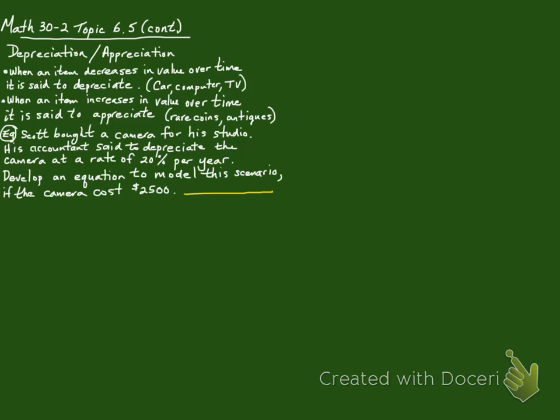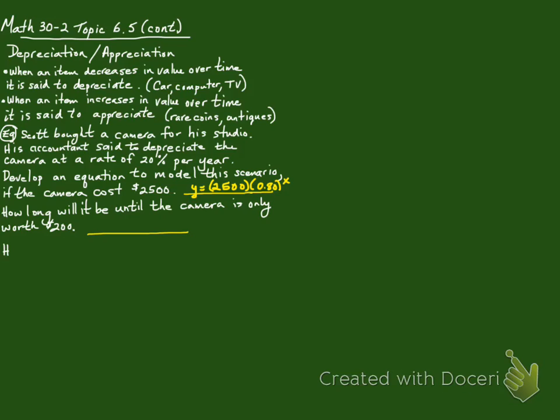So what we're going to say is y equals the 2,500 times 0.80. The 0.80 is going to refer to the 20% reduction in its price. Every year that camera is going to be worth 80% of what it was worth the year before. That's where the 0.80 comes from. It's 1 minus the 0.20 rate of depreciation.